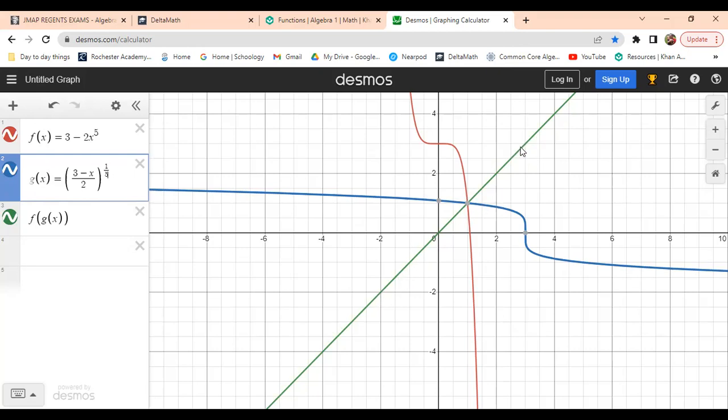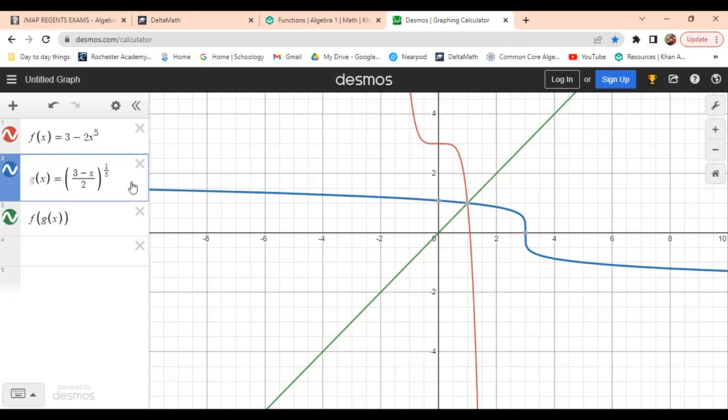So that is indeed the y equals x line. The fact that when I take the inverse of the function and input it into the original function, I get this graph is confirmation that these two, in fact, are inverses. So that's one way to check it. To me, that's a good way to check your algebra.